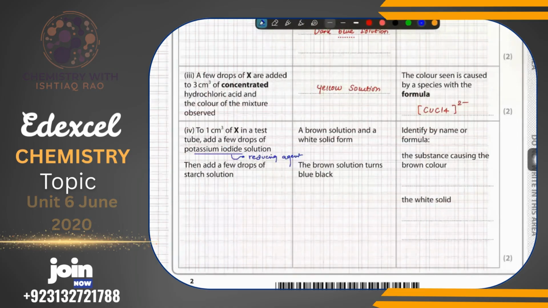Then add a few drops of starch solution: a brown solution and a white solid form. The brown solution turns blue-black.